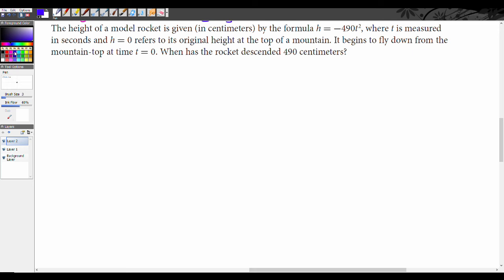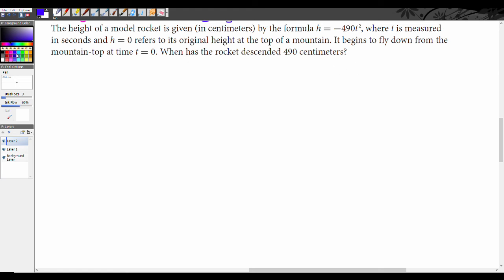Let's take a look. The height of a model rocket is given in centimeters by the formula h equals negative 490t squared, where t is measured in seconds, and h equals 0 refers to its original height at the top of the mountain. It begins to fly down from the mountaintop at time t equals 0. When has the rocket descended 490 centimeters?